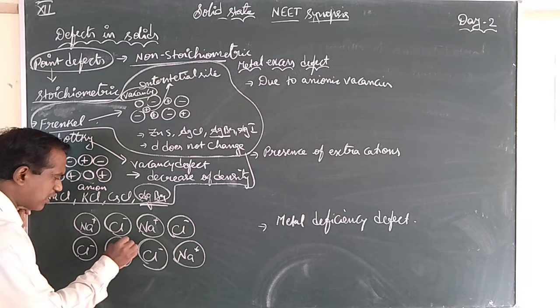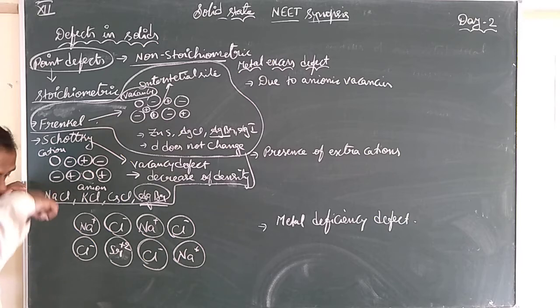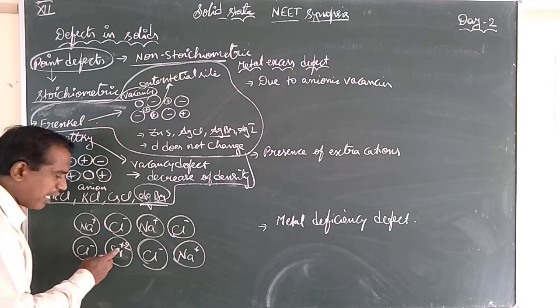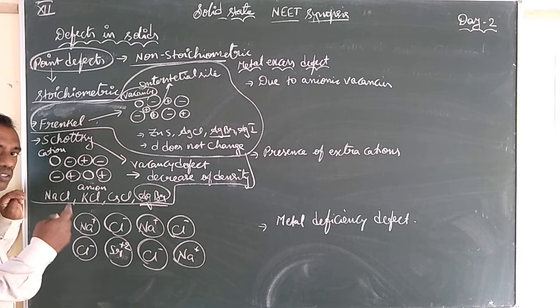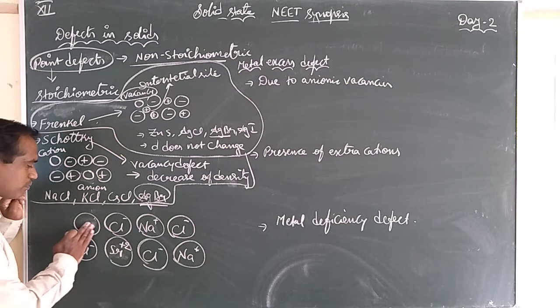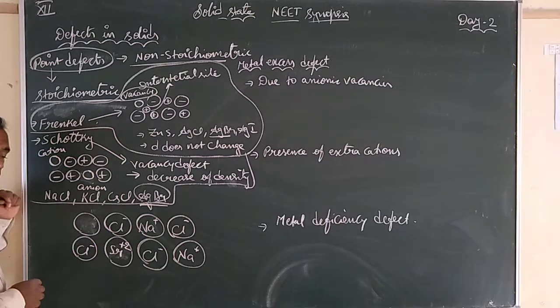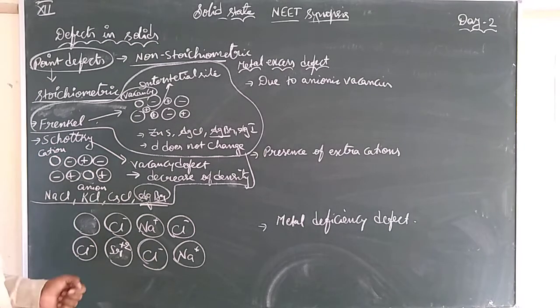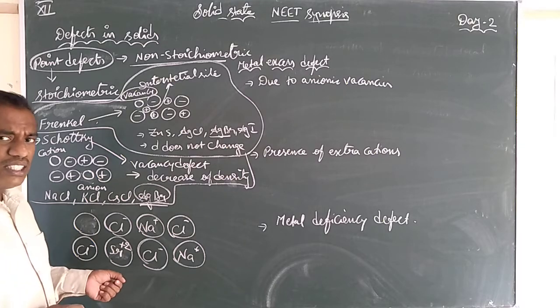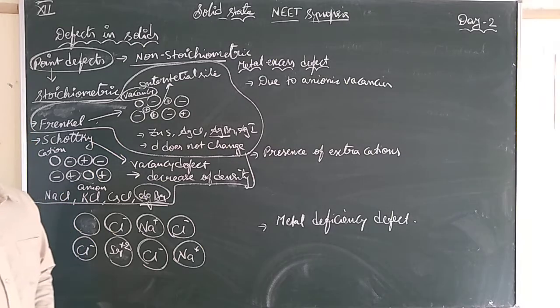Generally sodium is +1, but here which ion was replaced? Strontium ion is replaced during crystallization. But here the charge is more, one positive charge is more. In order to neutralize the positive charge, one of the sodium ions will be vacated from this crystal. So this type of defect is due to the impurity present in the sodium chloride.